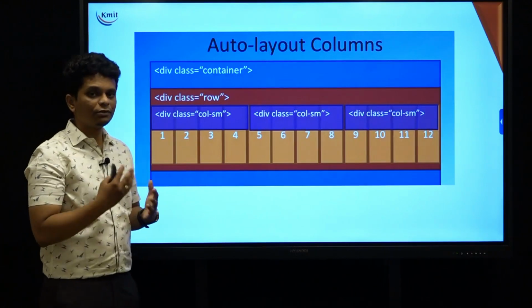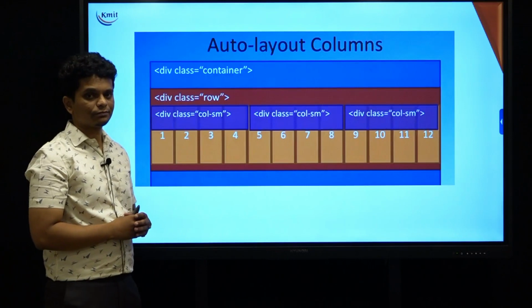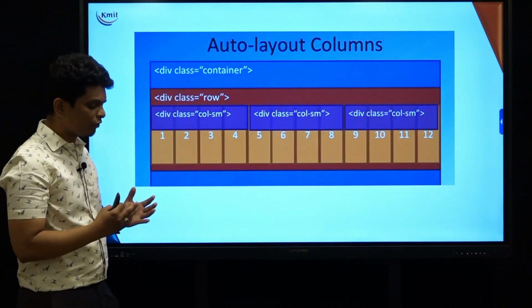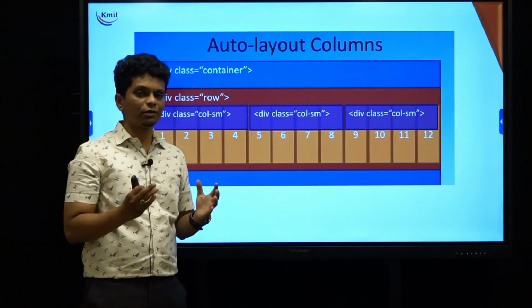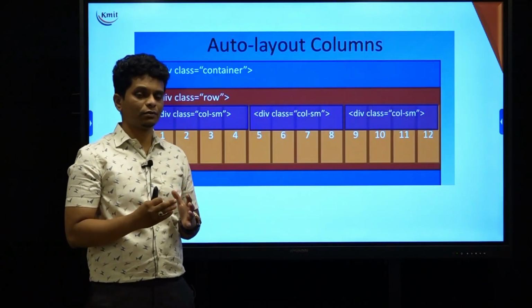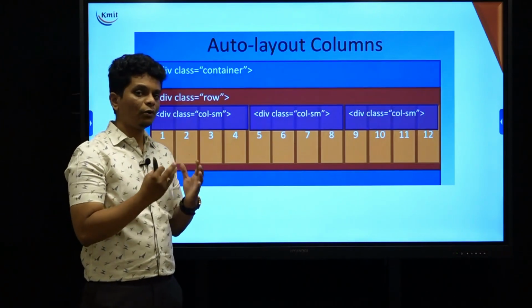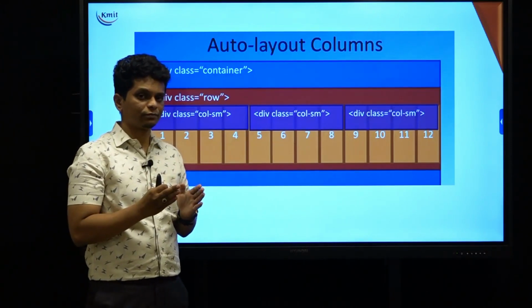Then comes the interesting topic called auto layout columns. So far we have seen a container that is responsive and a container that is fluid. Now we will see how the columns behave.